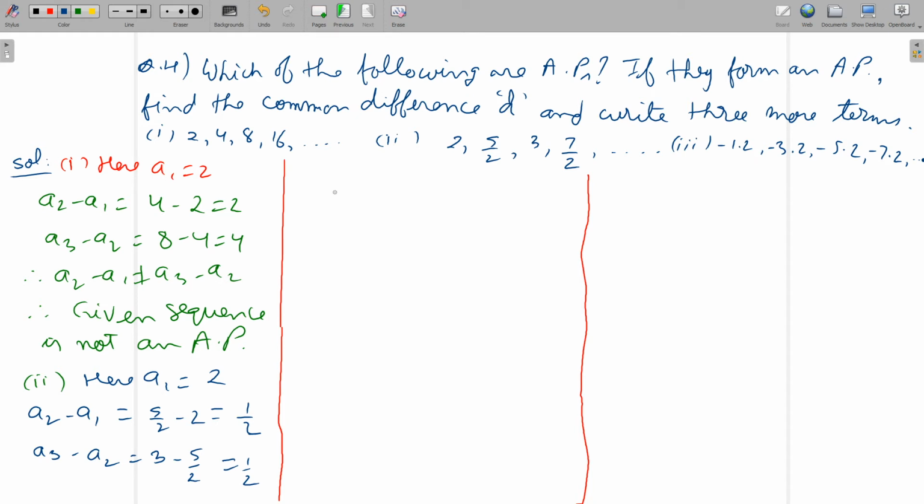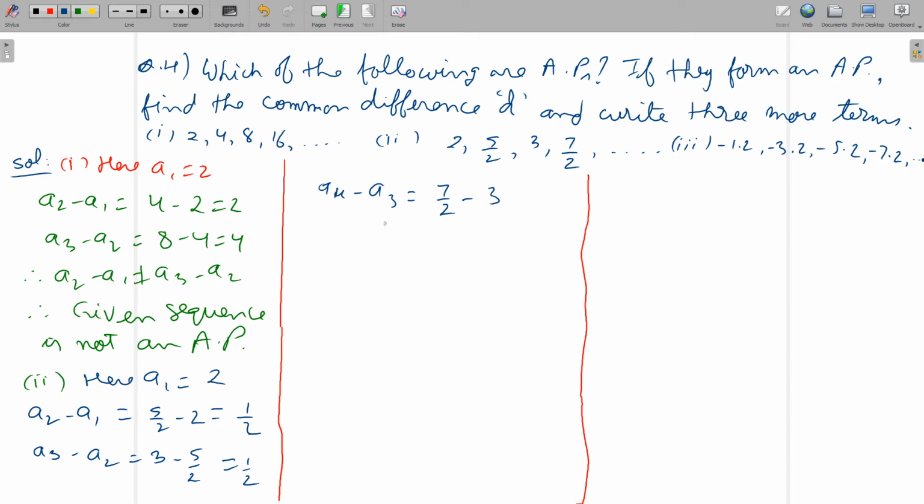Next, how many terms are given here? A1, A2, A3, A4, 4 terms. So you have to do this till the 4th term. So next we'll do A4 minus A3. What is A4? 7 by 2 minus 3.